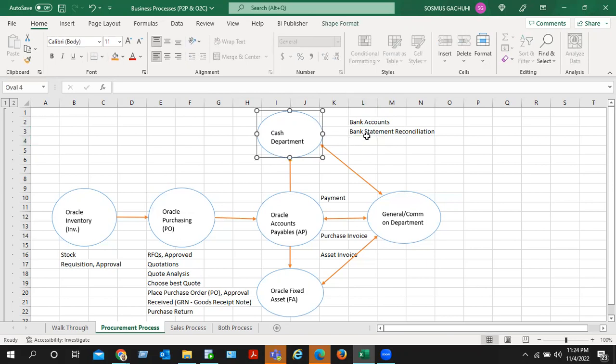Through Oracle, the application that maintains that is called Oracle Cash Management.